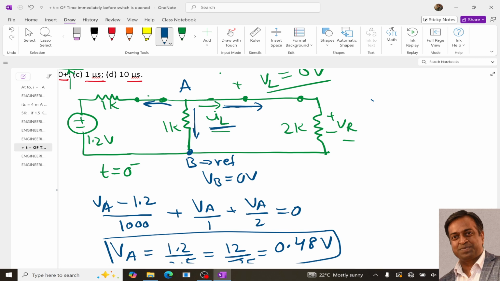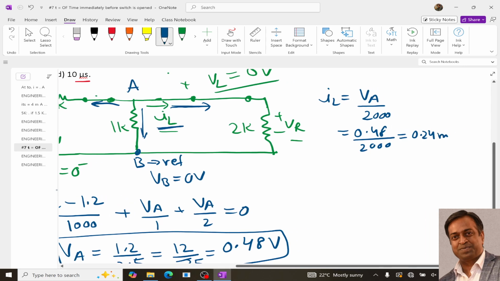IL will be equal to VA upon resistance, which is 2K, 2000. So our VA is 0.48, divided by 2000, equals 0.24 milliampere. So our IL is 0.24 milliampere.